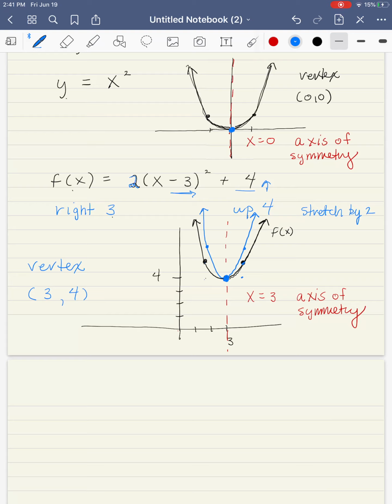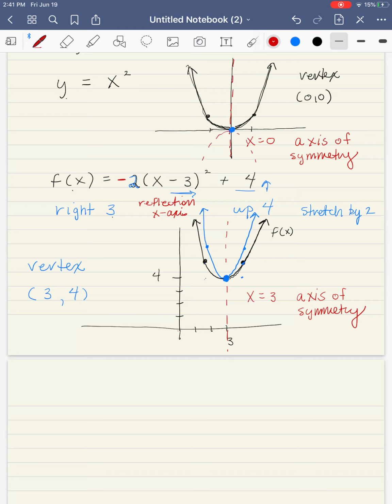Now let's look at one more graph on this same one here. What if I put a negative out front? Remember what the negative does? It's a reflection over the x-axis.